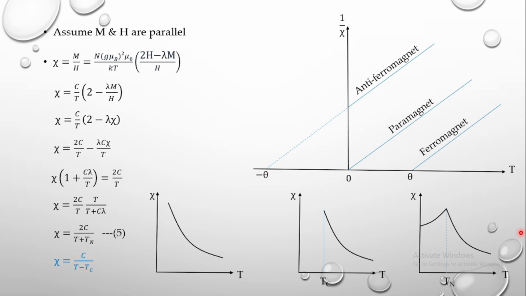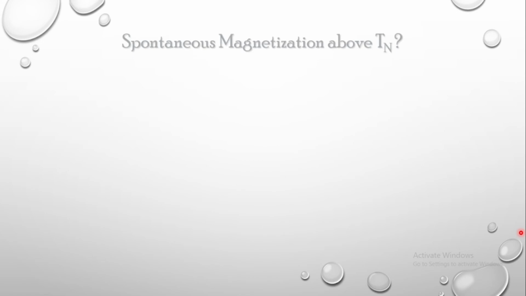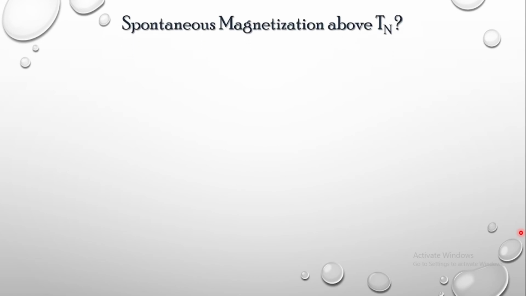So this is above Tn. But whether there is a spontaneous magnetization above Tn or not is the question. Because according to the nature we have observed paramagnetic behavior, but we need to check whether spontaneous magnetization still exists above Tn.